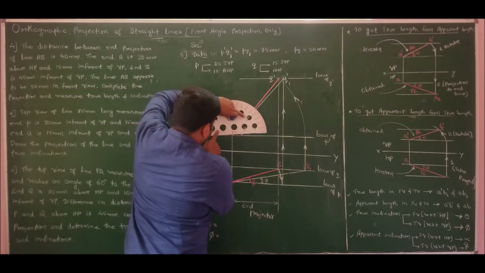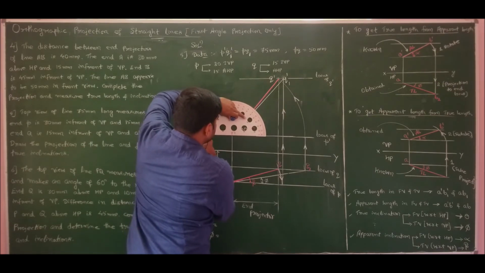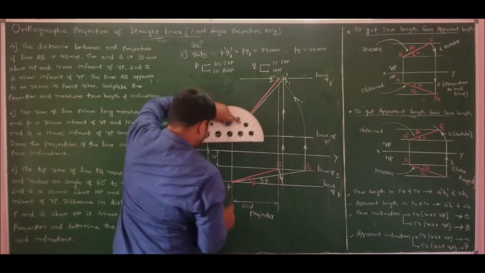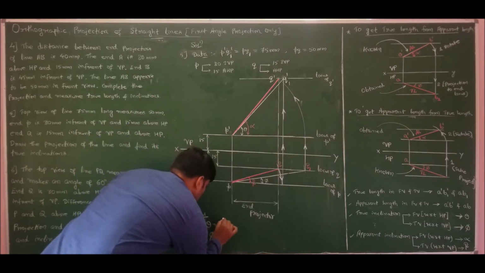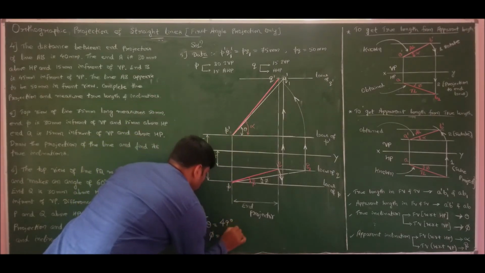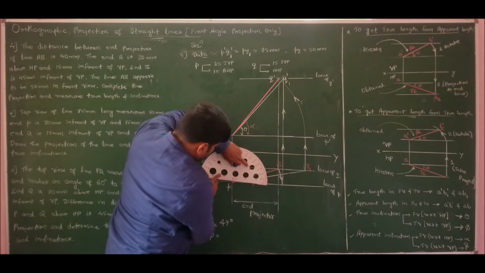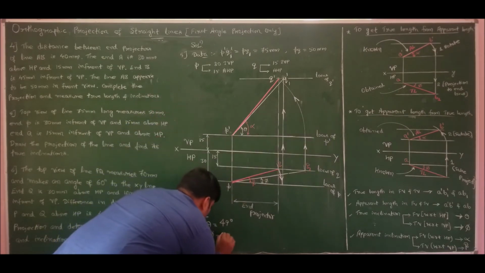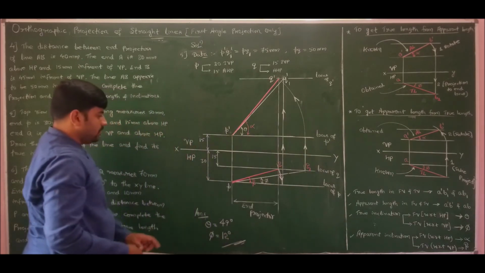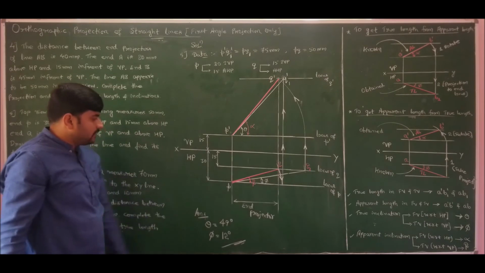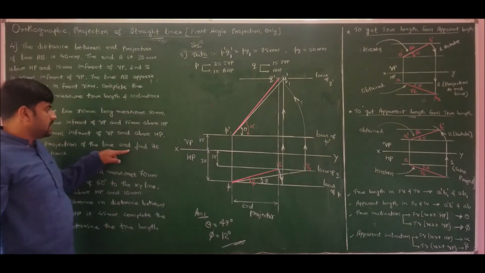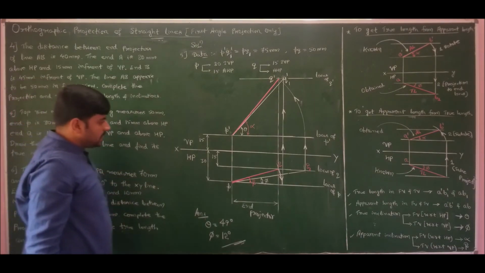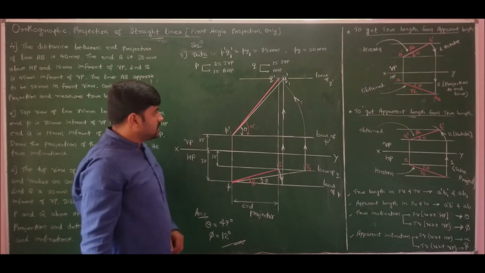If I measure, theta is equal to 49 degrees and phi is equal to 12 degrees. So the answer for the problem is theta is 49 degrees and phi is 12 degrees. That is what he asked. Find its true inclinations. So this completes the given problem.